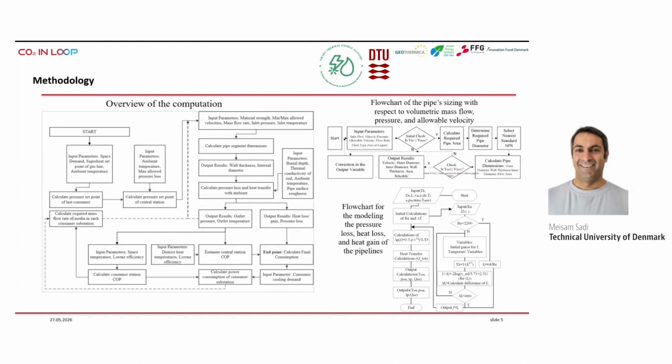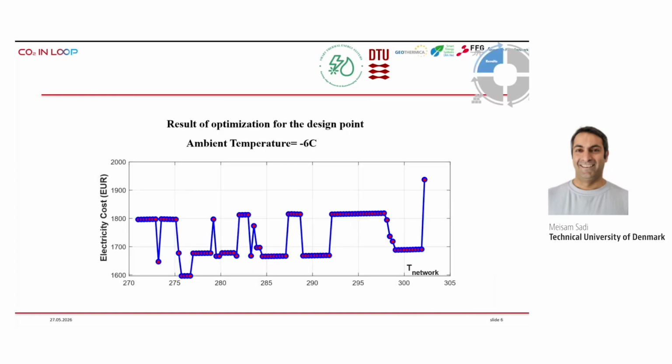We do the calculation of the pressure drop and the other properties like temperature and pressure, sizing the system with a trial and error methodology. We use these algorithms, as I mentioned here, for the calculation of the properties of the cycle.